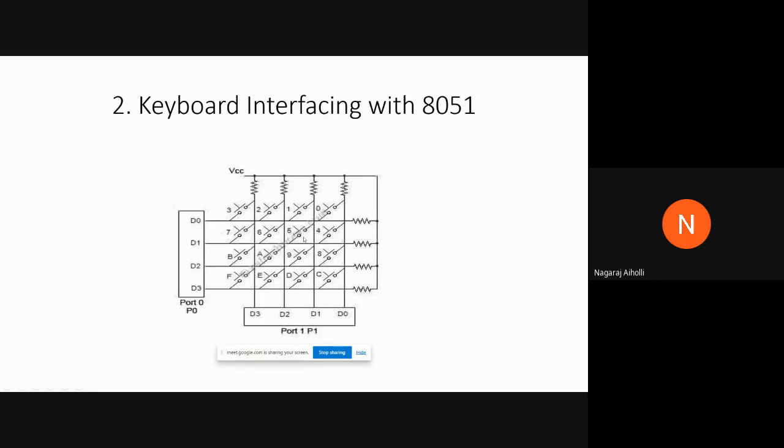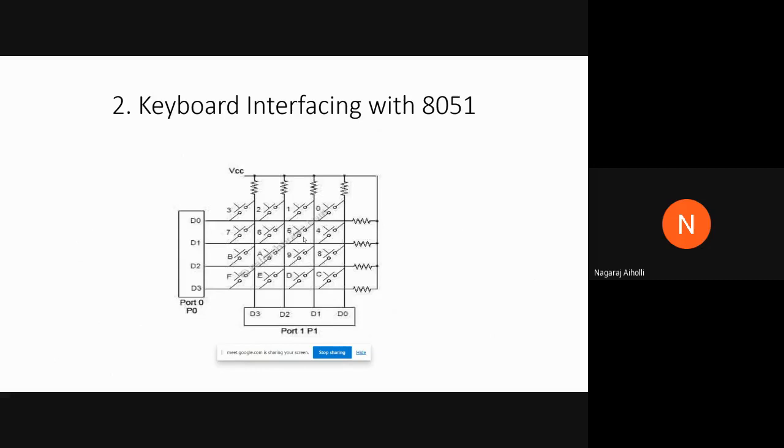Like this we can identify which key has been pressed on the matrix keypad or matrix keyboard. This is how the microcontroller identifies in which row and column the key has been pressed, and in particular which key. This is called scanning and identifying the key pressed.